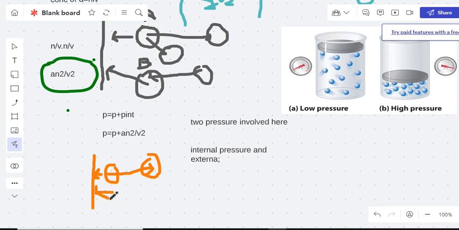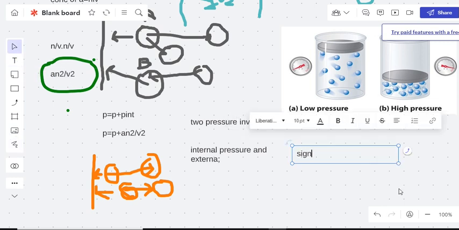This is the same case as well. So this is internal. What is the significance of a? After that, I'm going to discuss the significance of a.